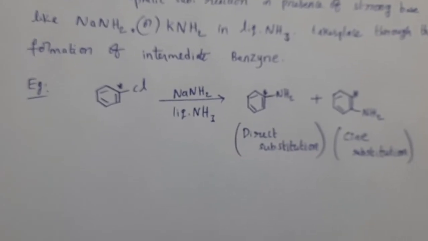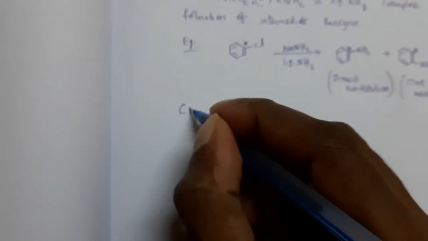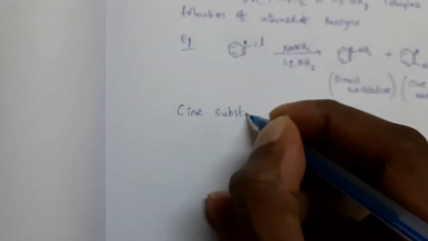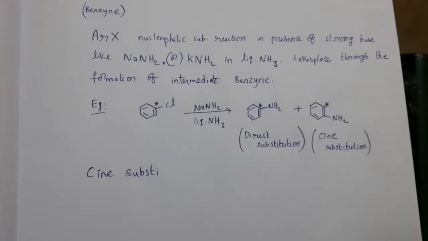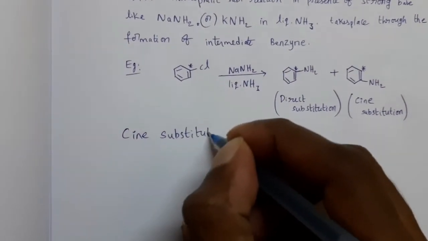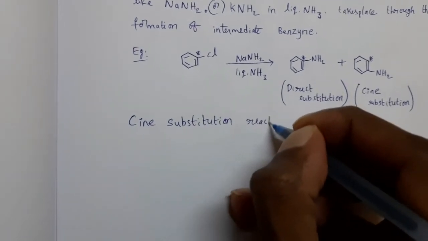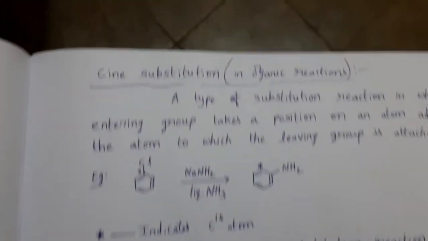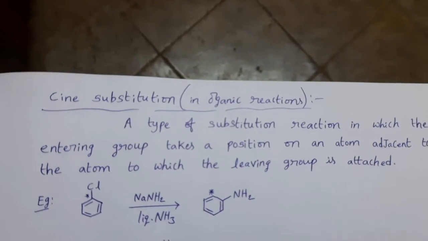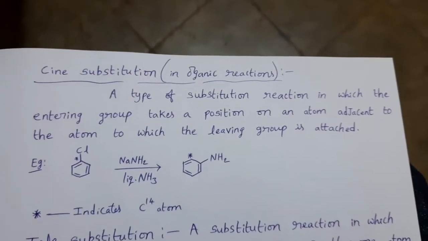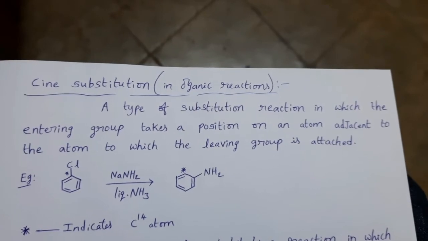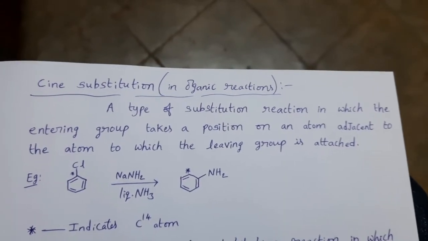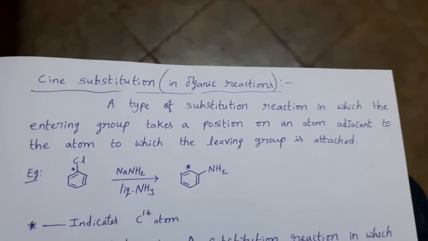See here, cine substitution reaction. See the definition: a type of substitution reaction in which the entering group takes a position on an atom adjacent to the atom to which the leaving group is attached.